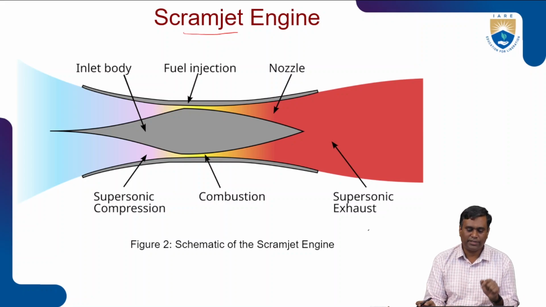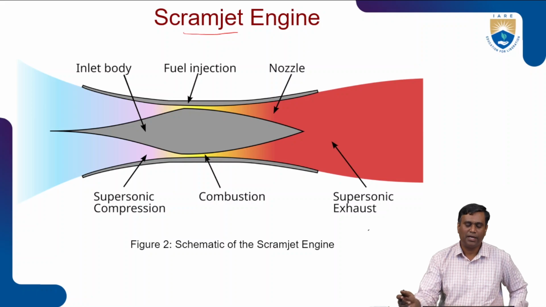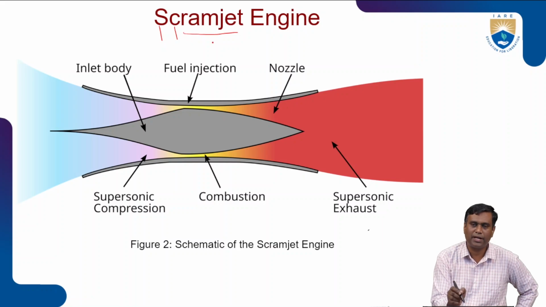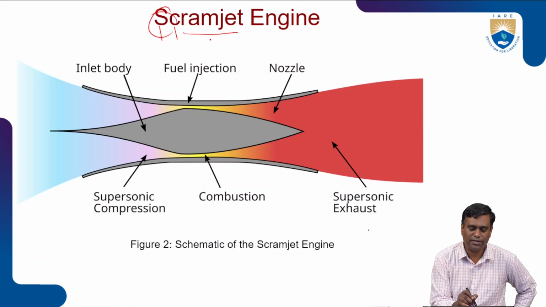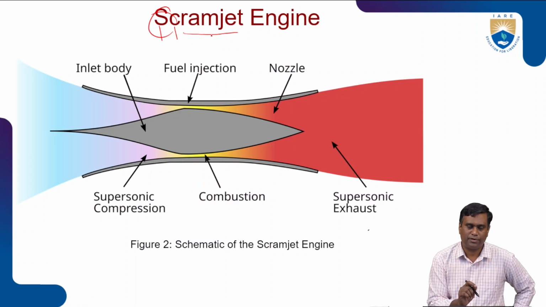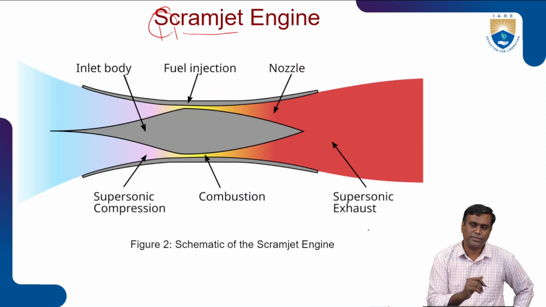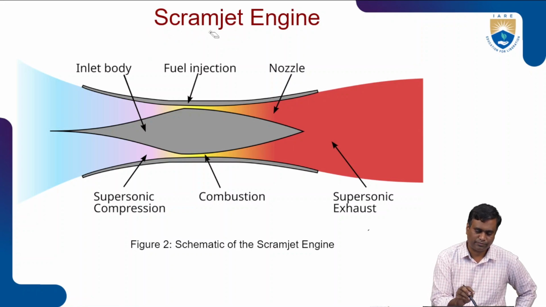Now in scramjet there is no deceleration. The full name is supersonic combustion ramjet engine, S for supersonic and C for combustion. If there is no SC, it is a ramjet engine. Ramjet means subsonic combustion. The next level, modified ramjet with supersonic combustion, is the scramjet engine.